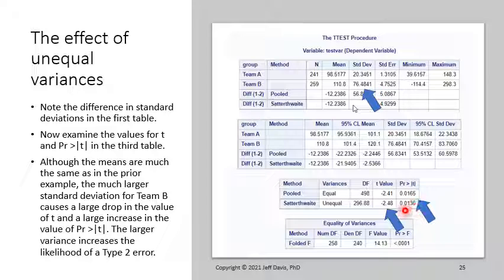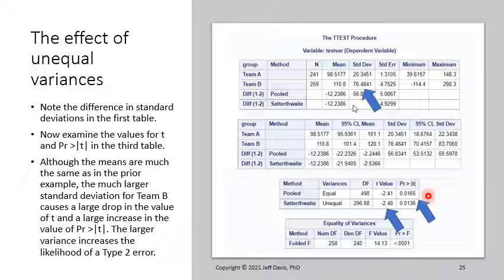Now, we might say in this case, well, no harm, no foul. We still come to the same conclusion. We can still reject the null in this case, and even in the Satterthwaite case, we can still reject the null. But you've got to think about the effect that that larger standard error has had, because there might be some cases where it does make a difference.